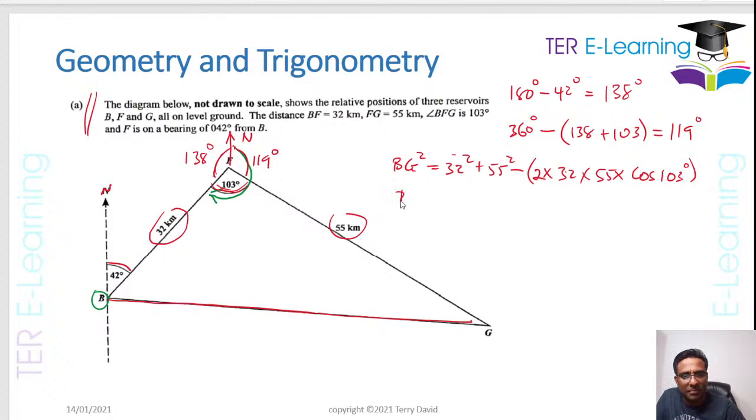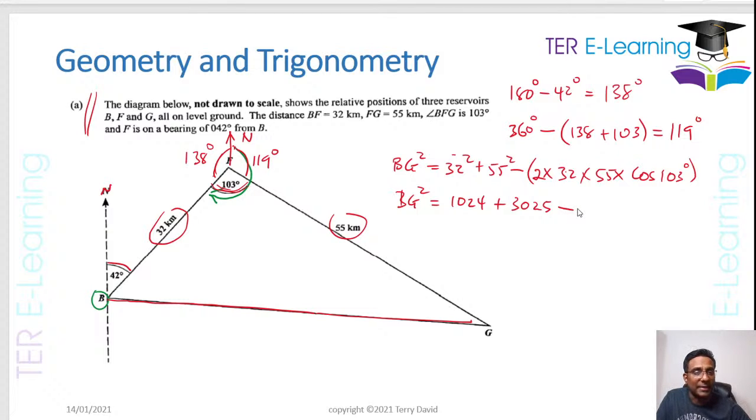So you can use your calculator to work out each of those parts. 32 squared will give me 1024, plus 55 squared, and that is 3025. Minus, and then you work out what's in the brackets, so that's 2 multiplied by 32 multiplied by 55 multiplied by cosine of 103.